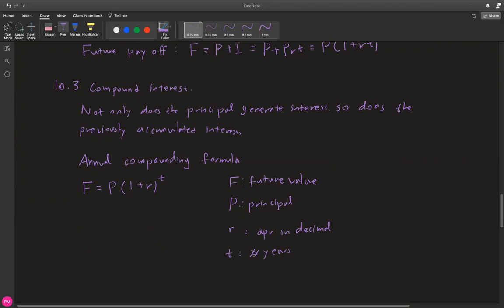So you use the annual compounding formula when the interest is generated once a year, or the interest is compounded once a year. In the problems, it'll say that it is compounded annually. If you see the language annually, this is the one you need to use. It'll directly tell you what kind of compounding it is.